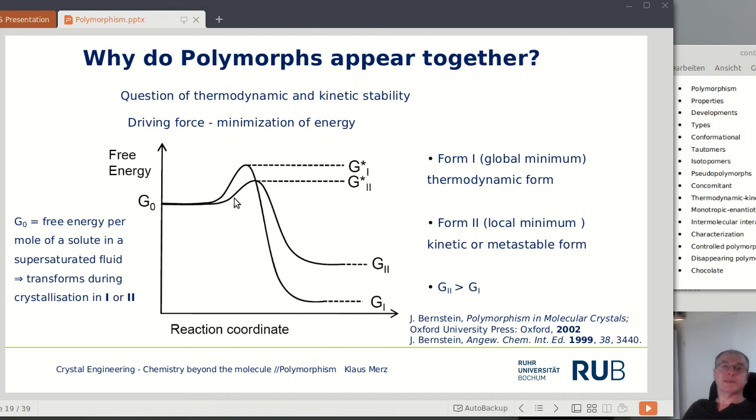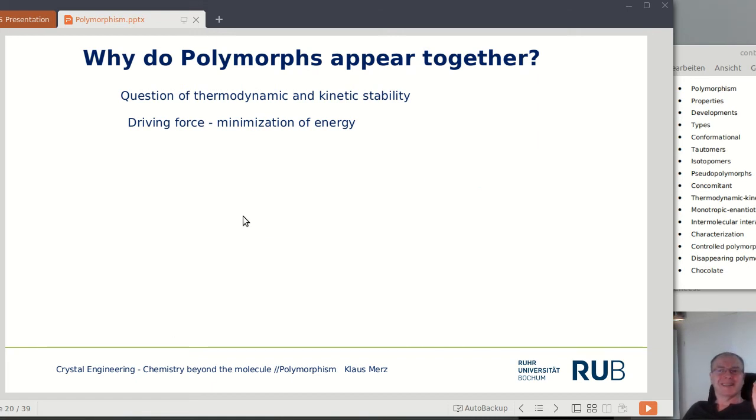On the other side, we have a lower transition state, a lower transition barrier, I would say, and then you can find the kinetic or the metastable form. No? Okay, and this is the region where we can play.